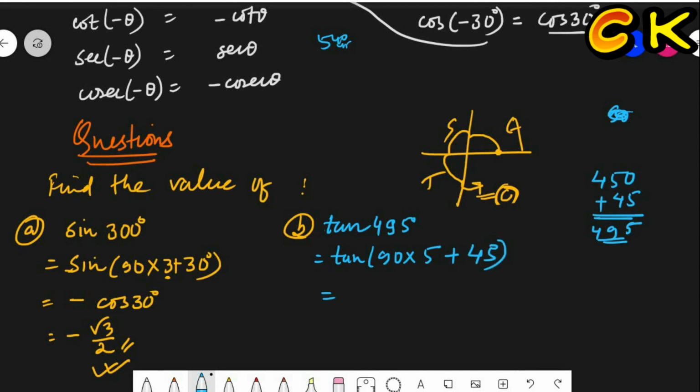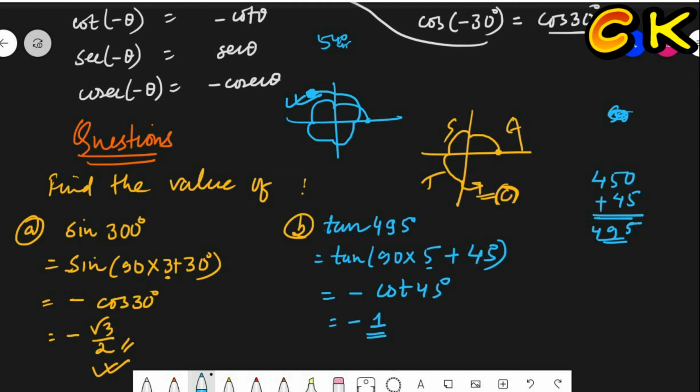Now 90 into 5 means odd multiple. Odd multiple means tan will change to cot 45 degree. Now which quadrant? Let's see, this is 0, 1, 2, 3, 4, 5 plus. Plus means this side. So it is second quadrant, where sine and cosecant only are positive, but here it is tan, so this will be negative. And its answer is minus 1.